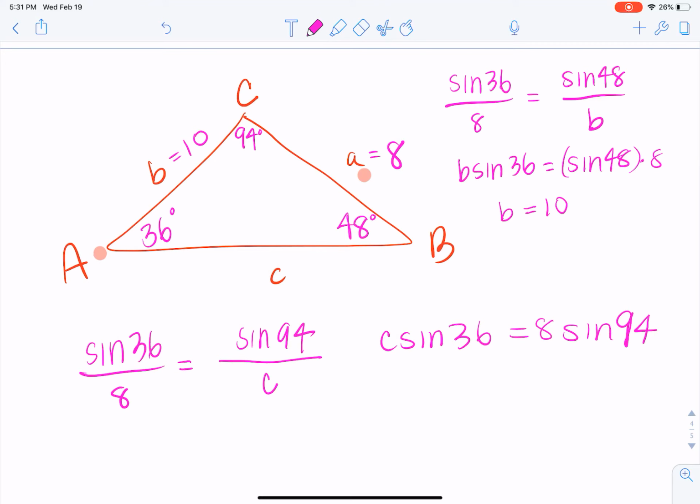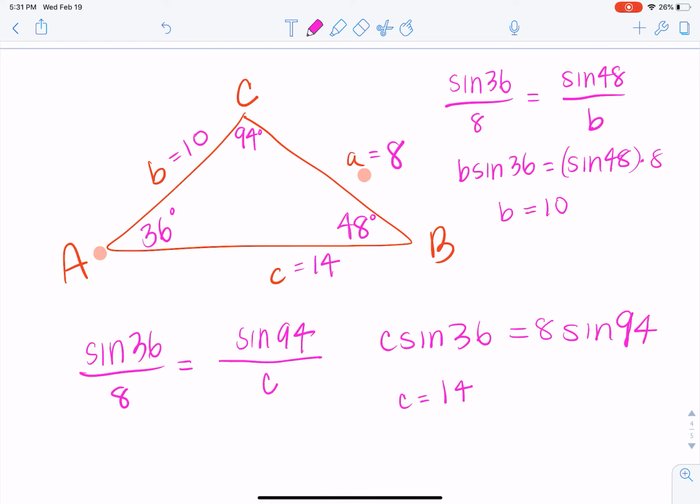So 8 times sine of 94 divided by sine of 36. That is going to give me that side length C is 13.57, so we'll round that to the nearest whole number of 14. So I now have all of the missing angles and side lengths of this triangle.